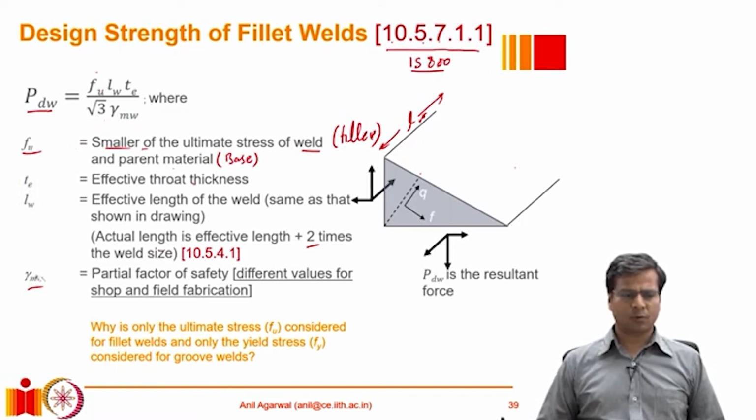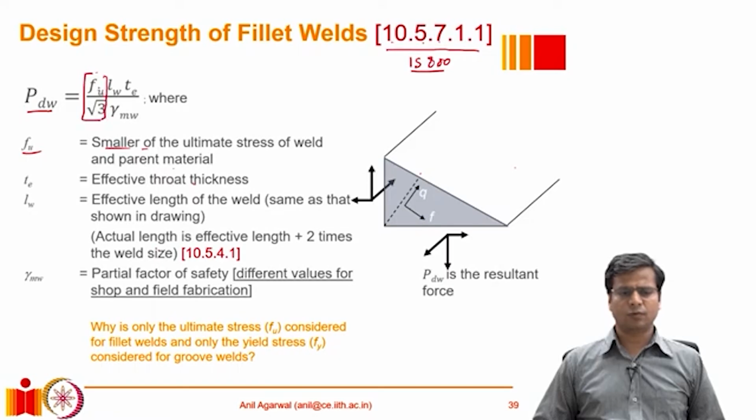Whenever we see square root 3, we automatically understand that this is coming from the von Mises criterion. The von Mises criterion suggests that if the material has a strength of f_u in pure tension, it would have a strength of f_u divided by root 3 in pure shear. So this root 3 here indicates that we are talking about shear dominated behavior, or failure under shear.